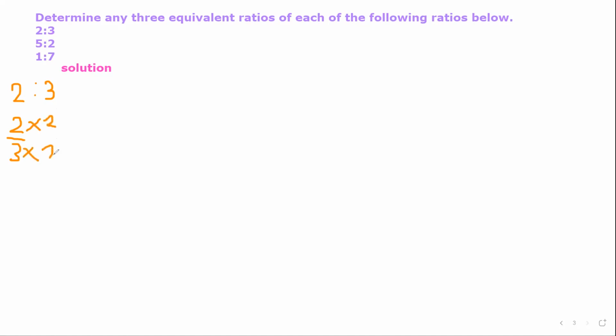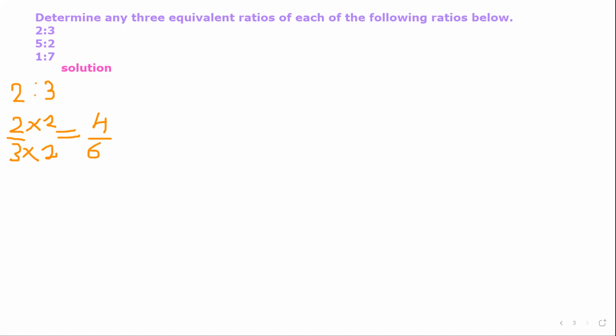You choose 2 to multiply, and then here will be 4 over 6. So that is 4 over 6.